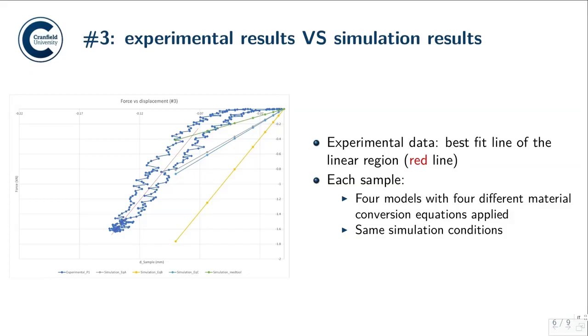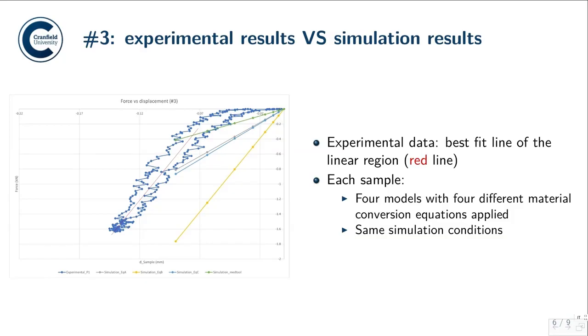The yellow, the blue, the gray, and the green lines are the results from the simulation we did with the 4 different equations. We could see that they give us very different results.